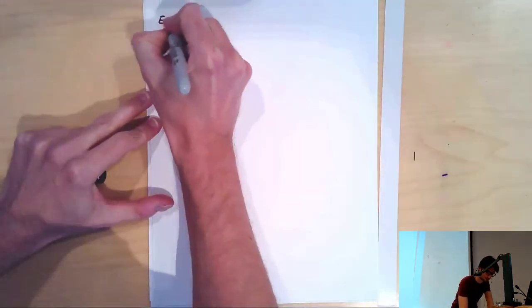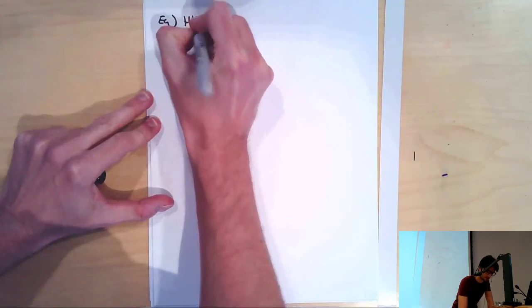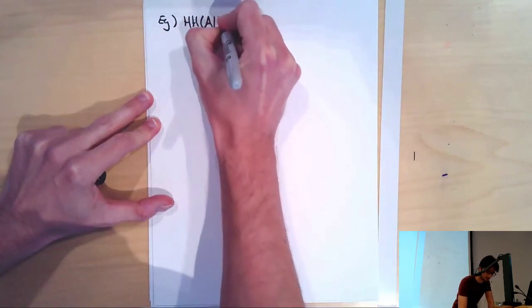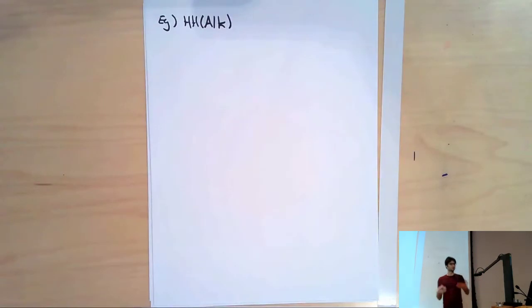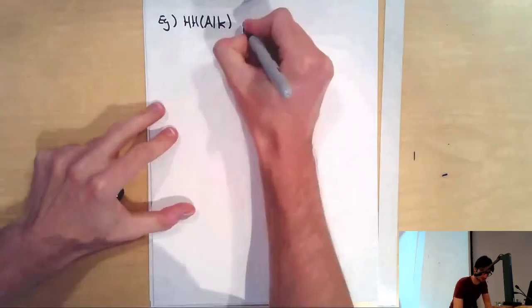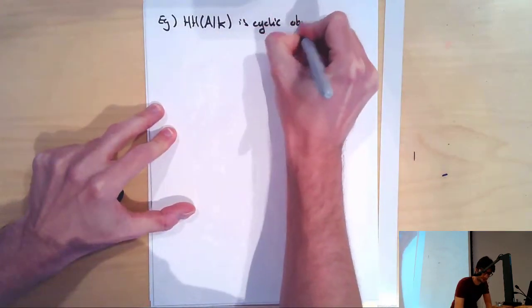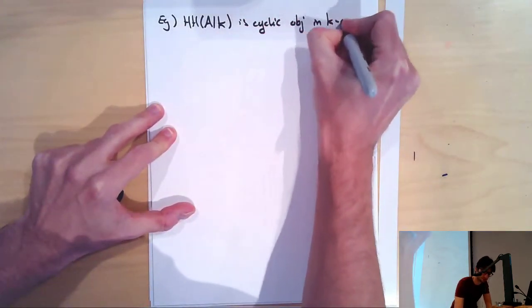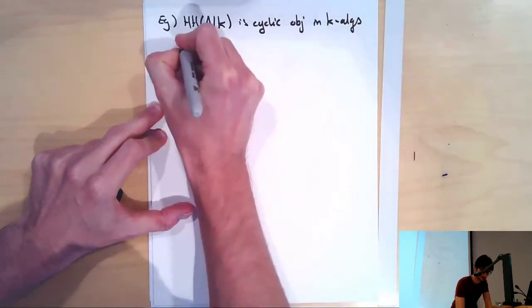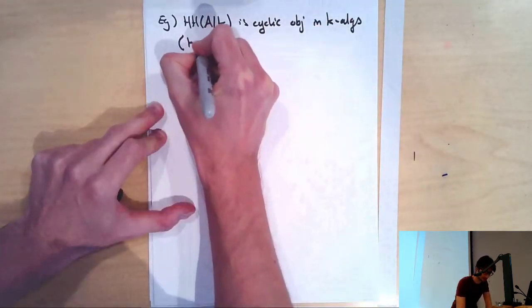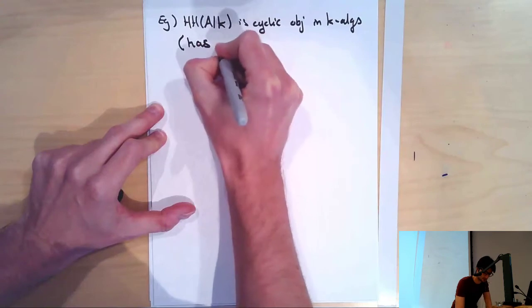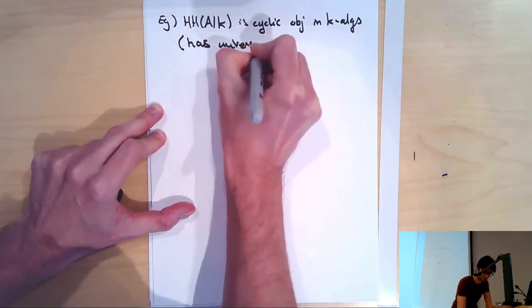So for example, since it's going to be the most important one, let me emphasize, I could look at this Hochschild homology complex. We view it instead, as I say, as a simplicial, it's even a cyclic object in K-algebras. And in fact, it's even better, it has a universal property there.